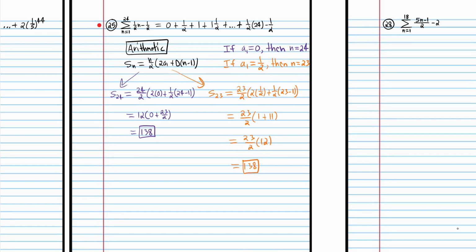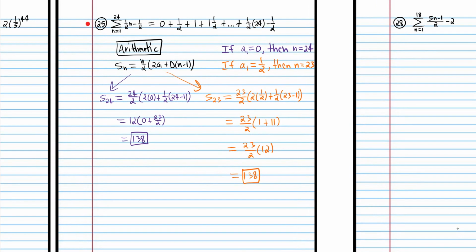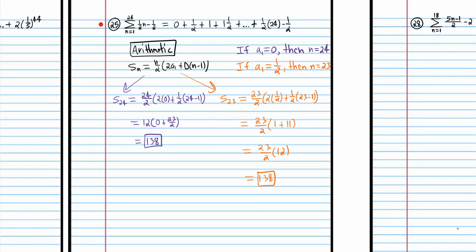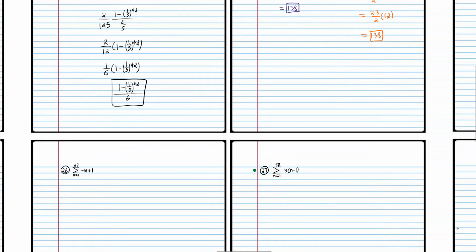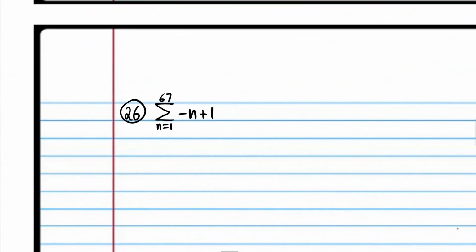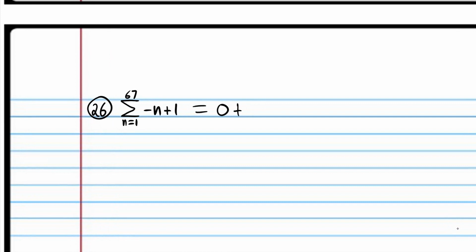I think to keep things simple, we probably just want to consider 0 to be the first term. But you can do it any way you want to do it. So let's try another one of these. If we plug in 1, we get 0 for the first term again.